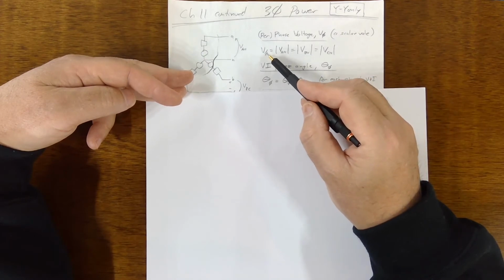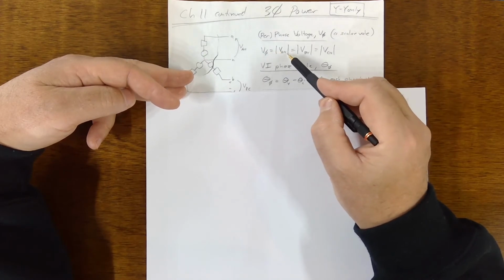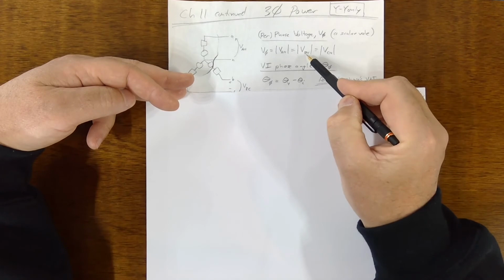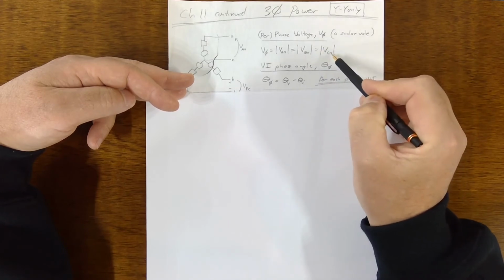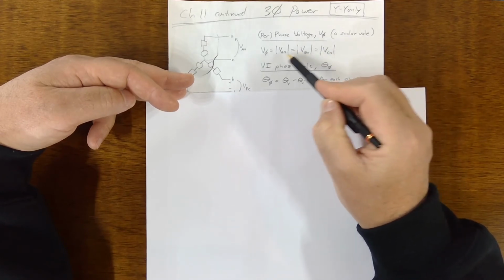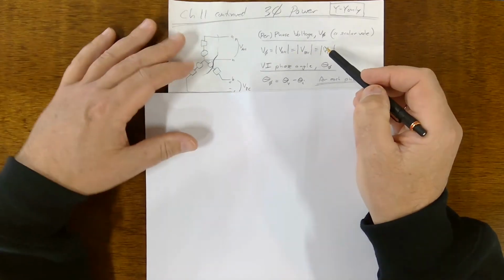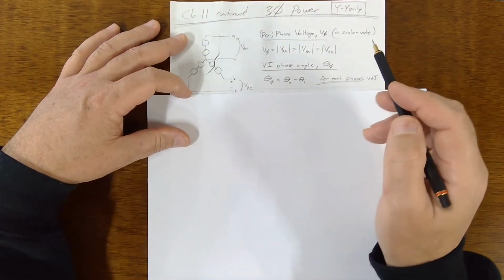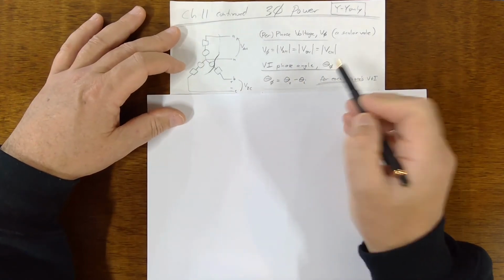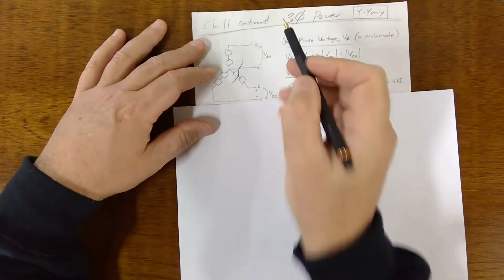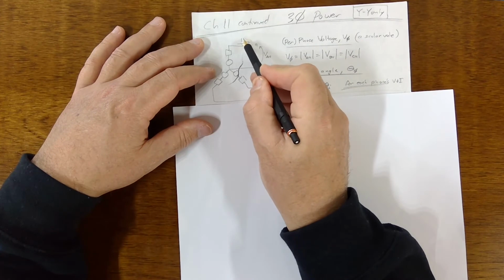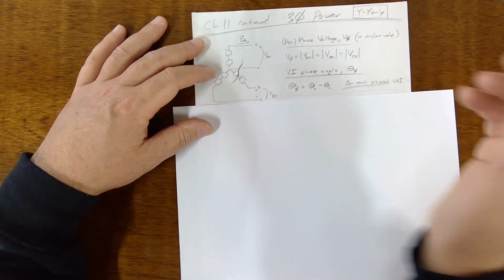Mathematically, V phase is going to be the magnitude of either V sub AN or the magnitude of V sub BN or the magnitude of V sub CN, right? These 3 will have the same magnitude. They'll just be off by 120 degrees from each other. Okay, then remember there's a current in here. This would be I sub A, for example.